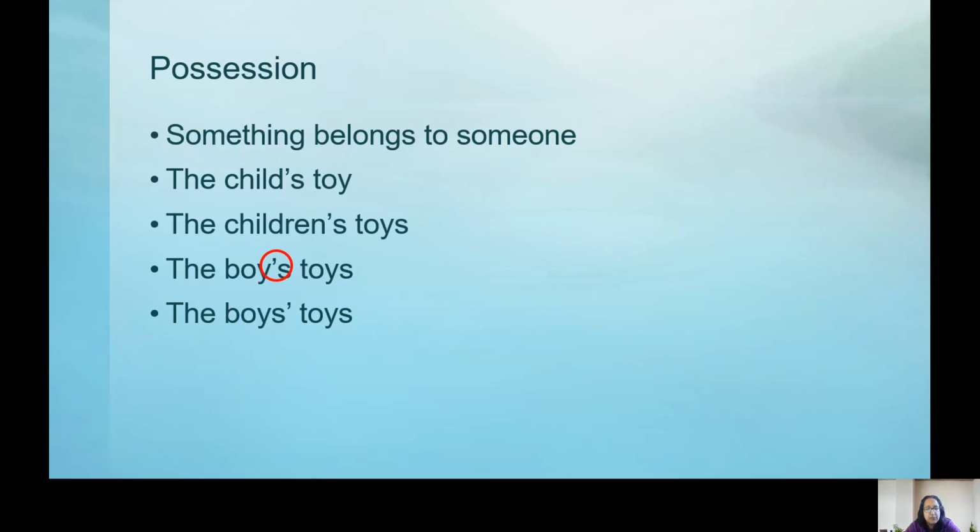In this first example, we have the apostrophe before the S, whereas in the second example, we have the apostrophe after the S. Well, what's the difference? Well, this first one, we only have one boy, and the toys belong to him. In the second example, we have lots of boys, maybe 2 boys, maybe 3, maybe 5, and the toys belong collectively to them.